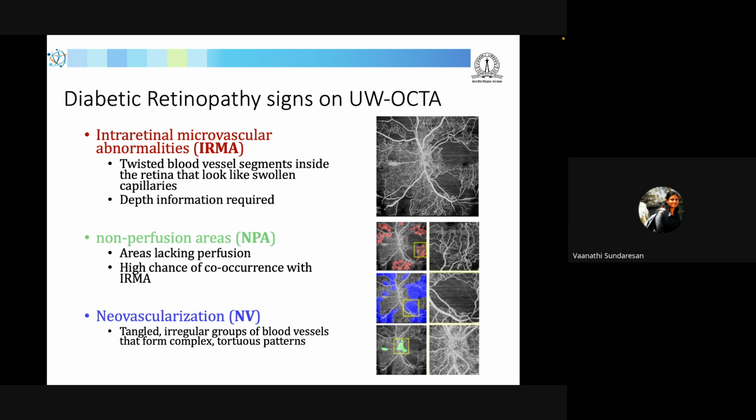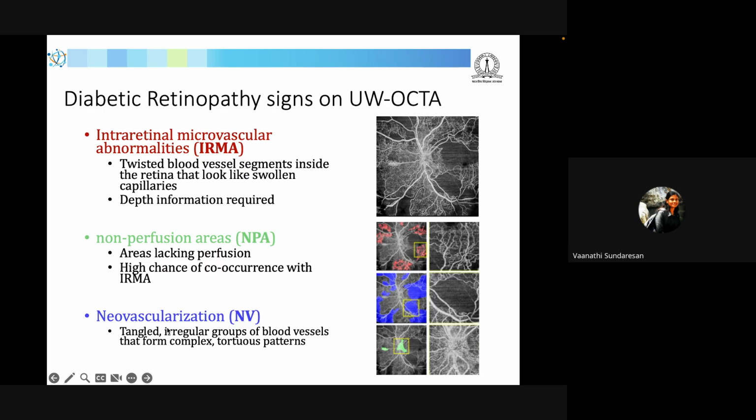So there is a blockage sometimes, or there is a treatment that has resulted in it, or there is some kind of DR related biomarker or lesion proliferation which is preventing the blood flow there. You see areas that lack perfusion, and they often occur with the abnormalities, IRMAs, because these abnormalities can sometimes block the blood vessels.